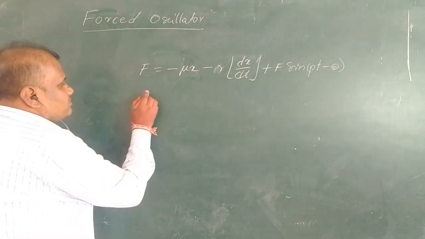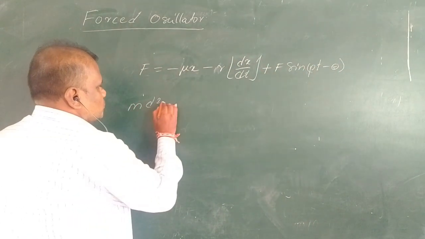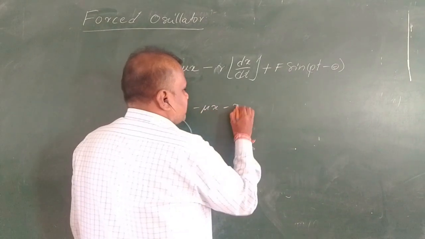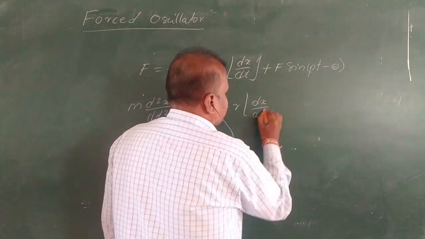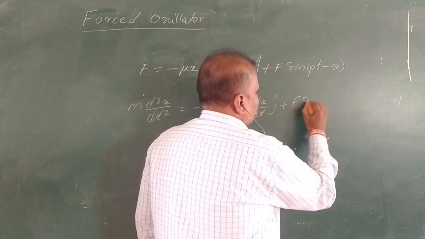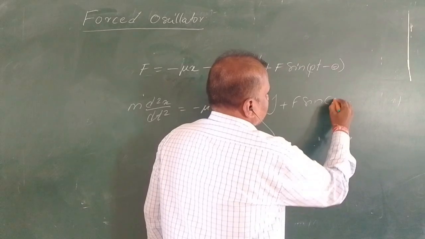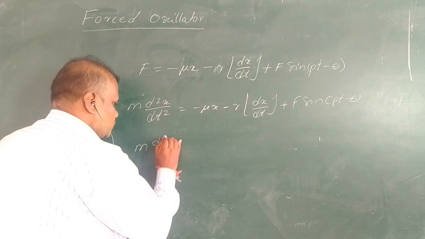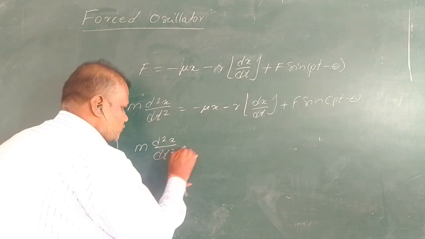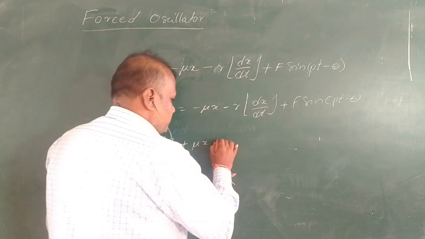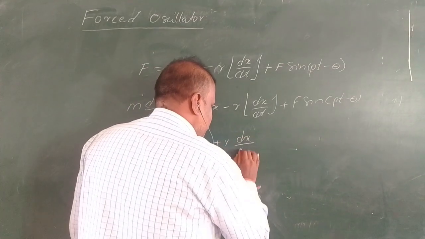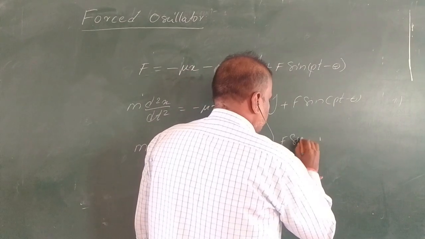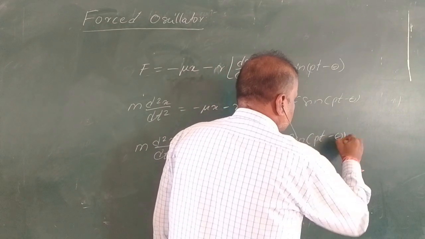This force can be written according to Newton's law as m d square x by dt square equals minus mu x minus r dx by dt plus capital F sin(pt minus theta). Or you can write m d square x by dt square plus mu x plus r dx by dt equals capital F sin(pt minus theta).